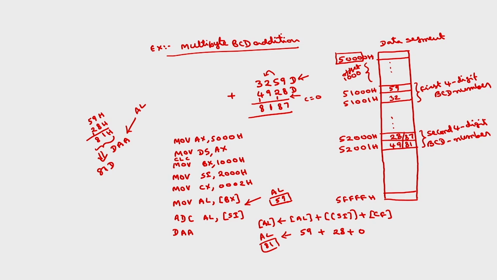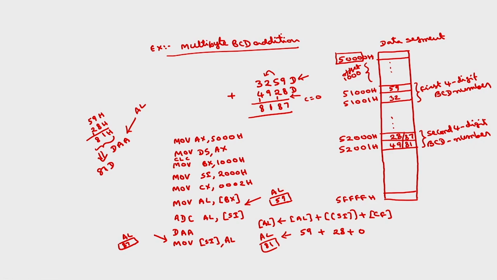I want to replace the second number with the result. After DAA, in AL, the 8 bit result 87 is present. That I want to store back at the offset 2000, which is pointed by SI. So the instruction will be MOV contents of SI comma AL, so that this 28 will be replaced with the lower order result 87.